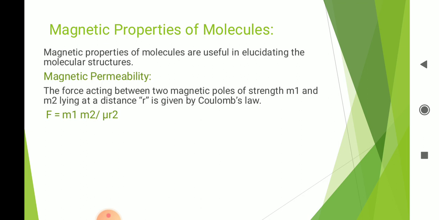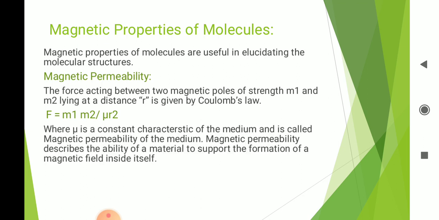Magnetic permeability describes the ability of a material to support the formation of a magnetic field inside itself. The magnetic permeability is defined as the relative tendency of magnetic lines of force to pass through the medium as compared to that in the vacuum, for which mu equals 1.